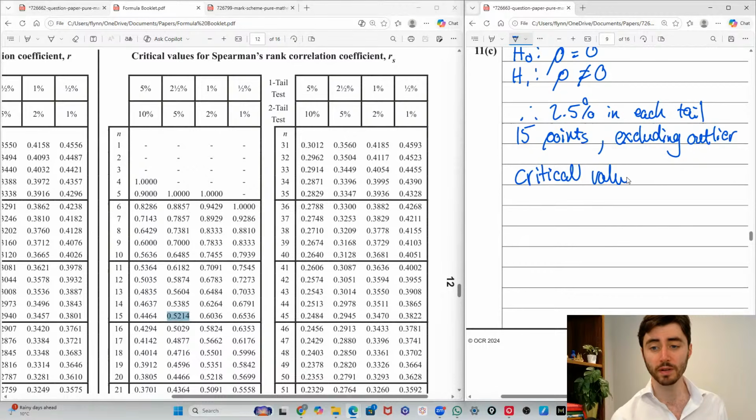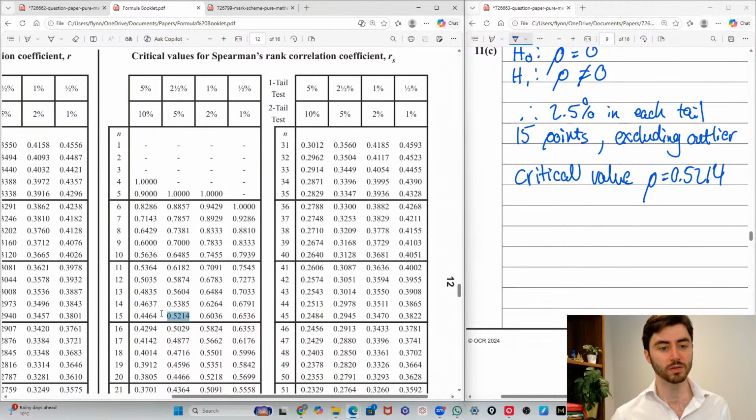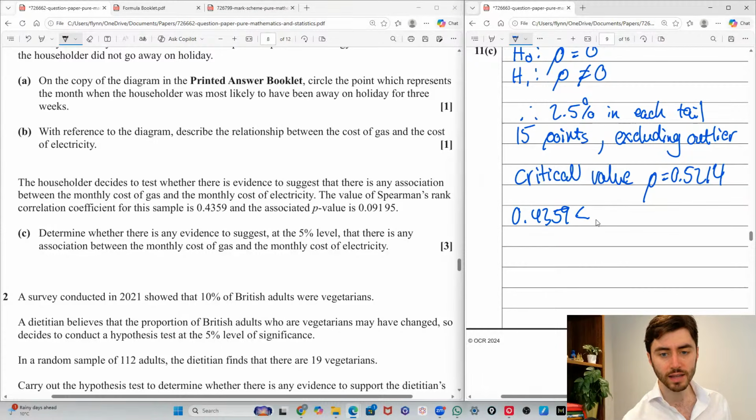I would not be surprised if I was getting this wrong, which is why I am going to mark it up. But even if I used 16, that would make it even less, but it would still not be beyond that critical value. I'm going to say that 0.4359 is less than 0.5214, therefore insufficient evidence.